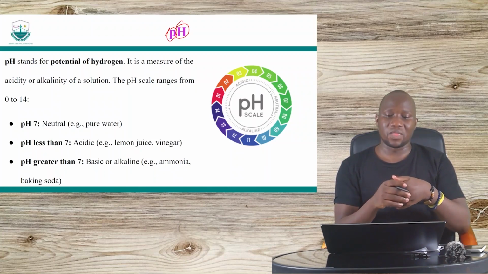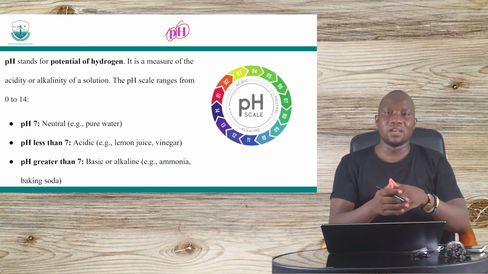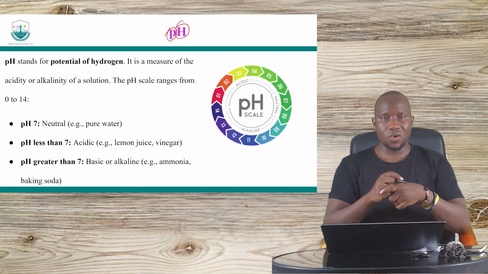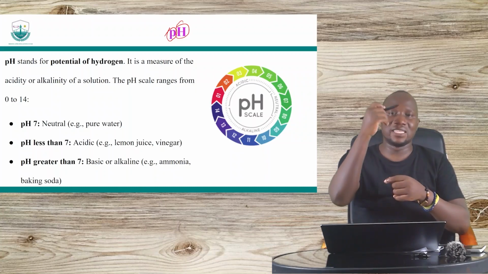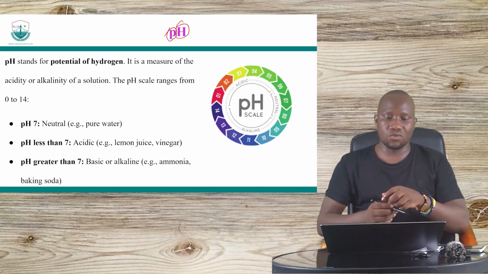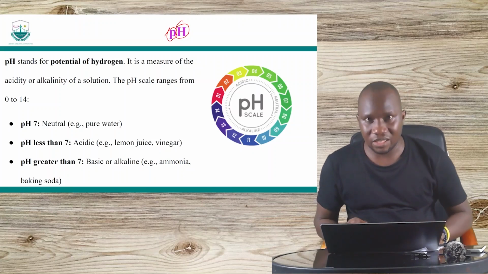Even the water that we take is around 7. Things that are acidic are below 7, things that are alkaline are above 7. Strong alkalinity is towards 14, and strong acidity is towards 0. That's the pH scale.